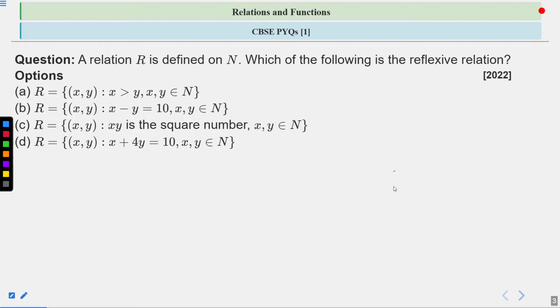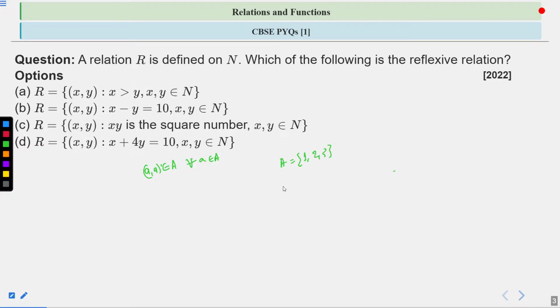So what is the condition for a relation to become reflexive? We know that the condition is that (a, a) should belong to R for all a belonging to A. Suppose you have a set A having elements 1, 2, 3.